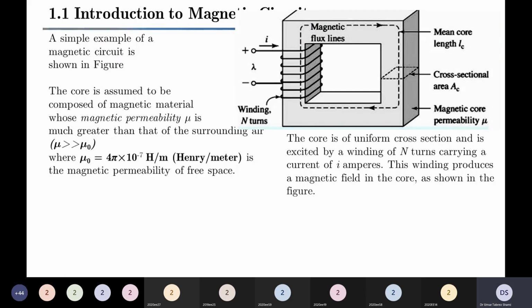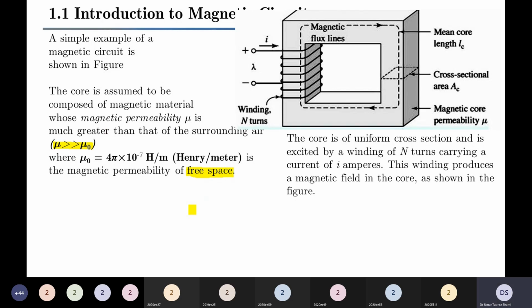Okay, so yes, here it is. The magnetic permeability is mu of the material, and mu of the material is much larger than mu naught. Mu naught is 4 pi times 10 to the power minus 7, with unit Henry per meter, and is the magnetic permeability of free space.